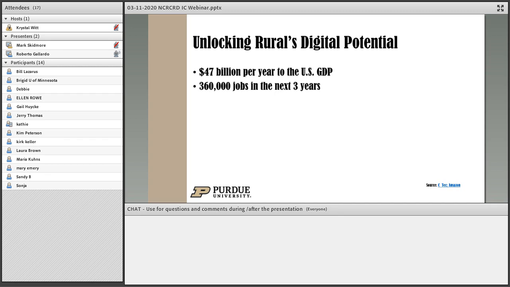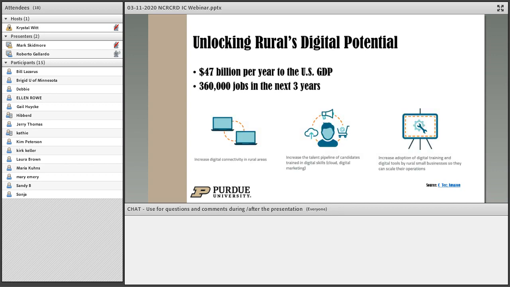And it would generate, in the first 3 years of unleashing this potential, 360,000 jobs. Most of these would be in rural communities, and as those of us that work with rural communities know, it is a significant number. Obviously, Amazon has a vested interest in everybody using their platform, but still, I think the methodology is solid enough to discuss these stats.